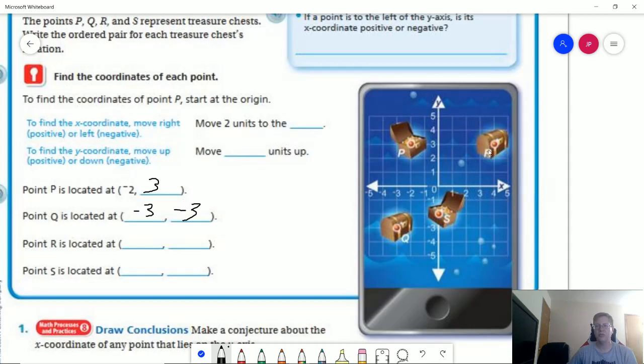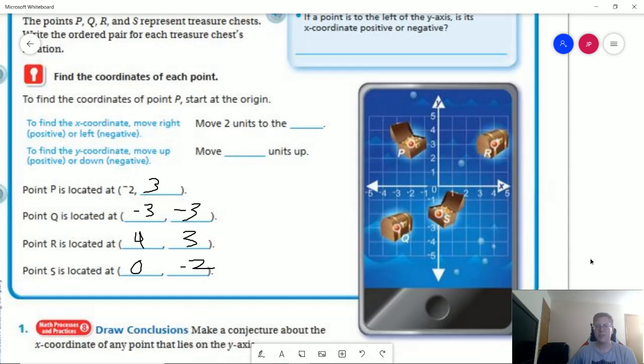Point R would be over here, and so we're going to count 1, 2, 3, 4, and then up 3. And then point S, we stay on the x-axis. We're not going anywhere to the left or the right, but we are going down 2. So we would have 0, -2 for that.